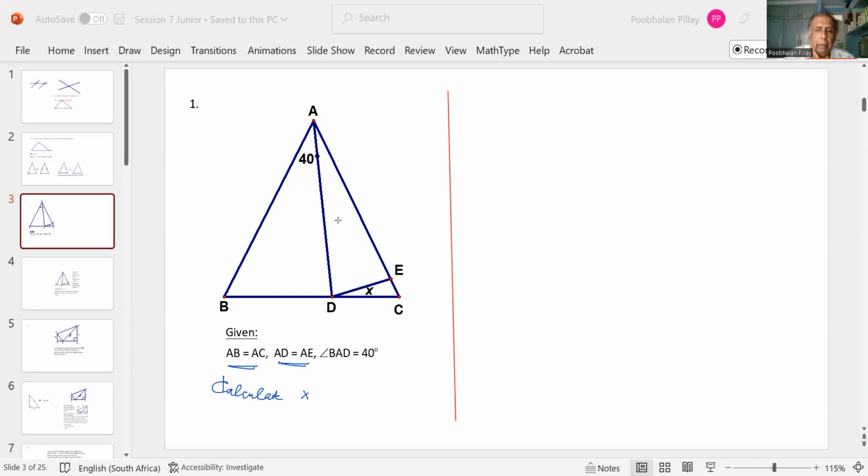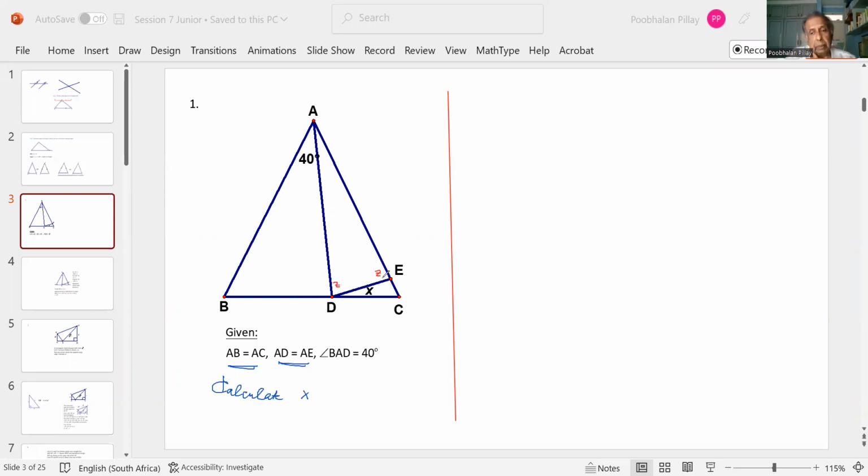Okay, now, where do we start? We know that AD equals AE. So the conclusion from that is that the angle opposite AD in this triangle here, let's call it Z, don't give it the same name as X, is equal to the angle opposite AE in the same triangle, which is that one.